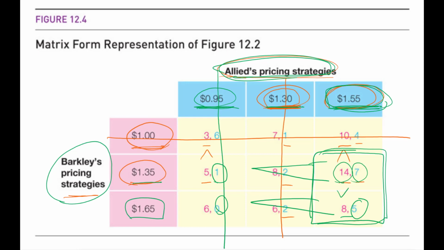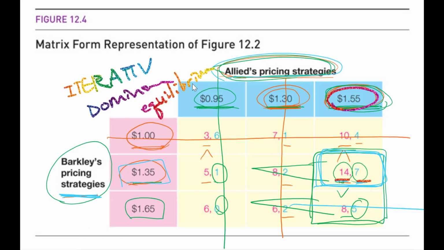So in this reduced game, Barkley can further eliminate this strategy. So you can conclude Barkley is pricing $1.35 and Allied pricing $1.55 that generate payoff 14 and 7 respectively is iterative dominance equilibrium, as we found it by iterative elimination of dominated strategy.